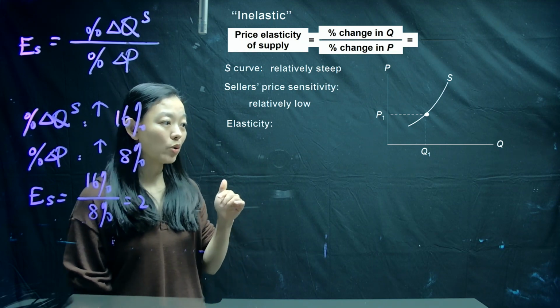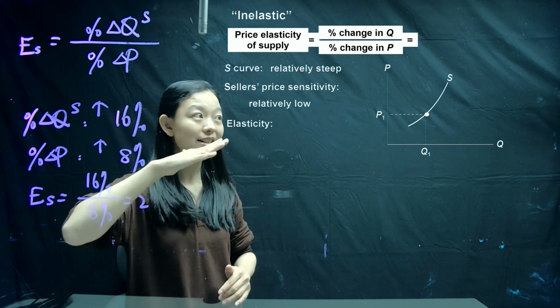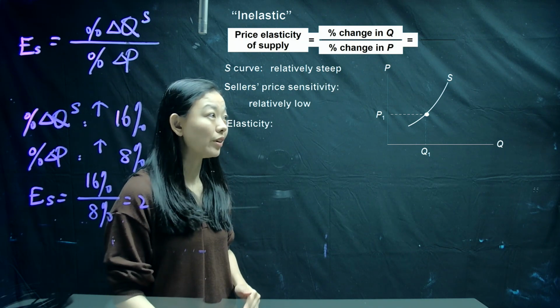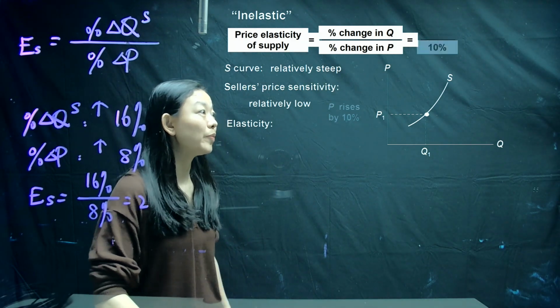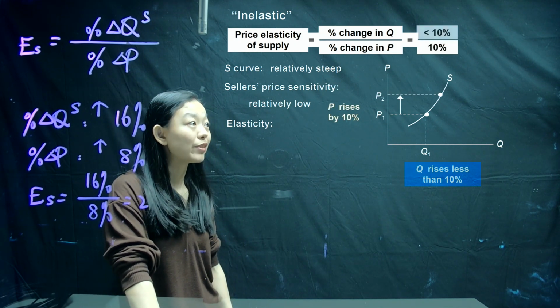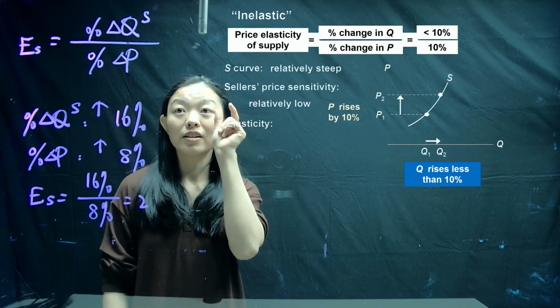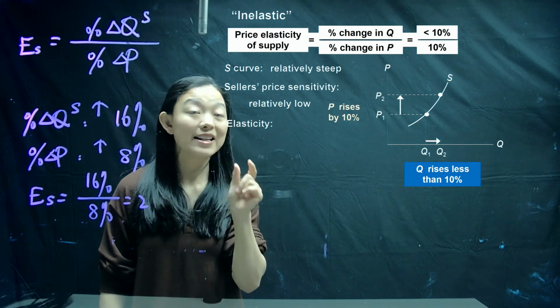Now let's look at this case. The supply curve here is a little bit steep; it has a steep slope. In this example the price increased by 10%. However, the percentage change in quantity is less than 10%.